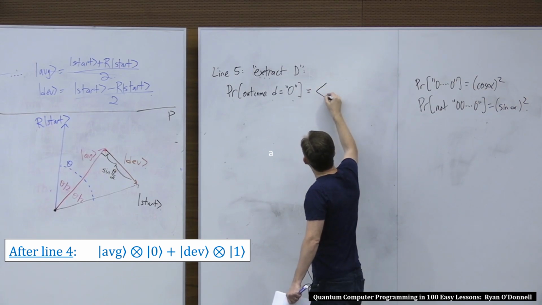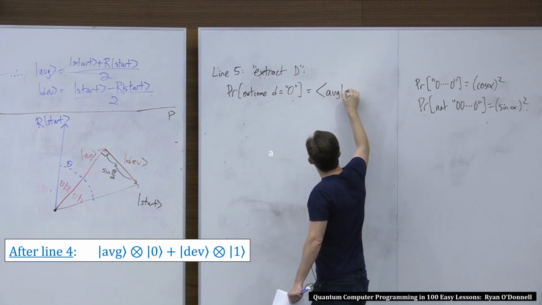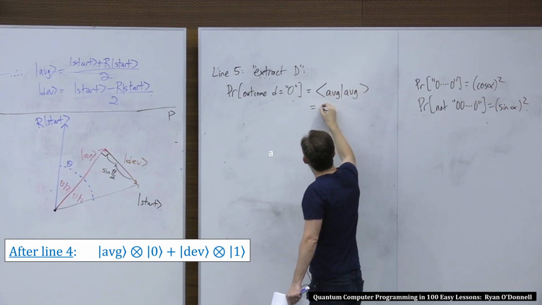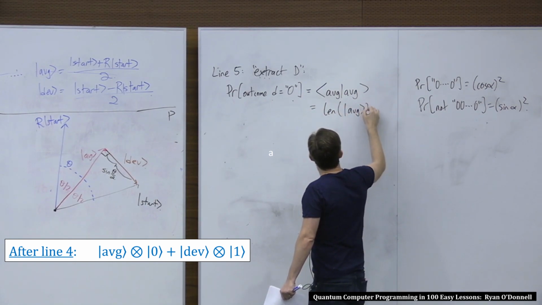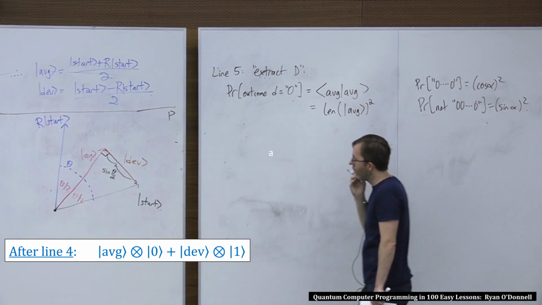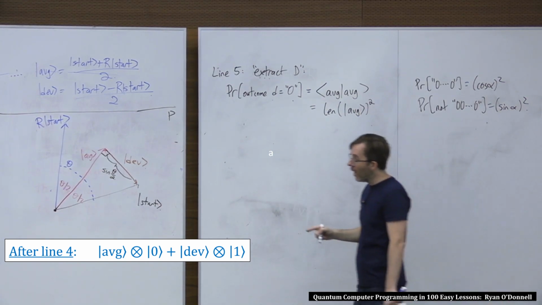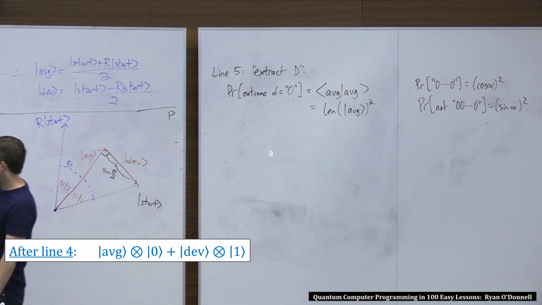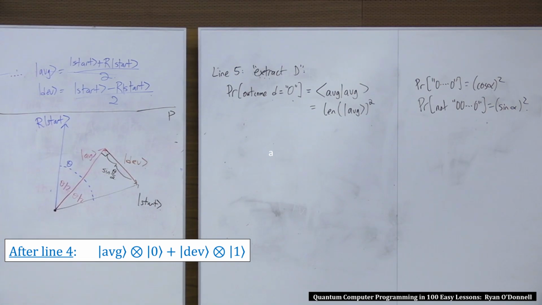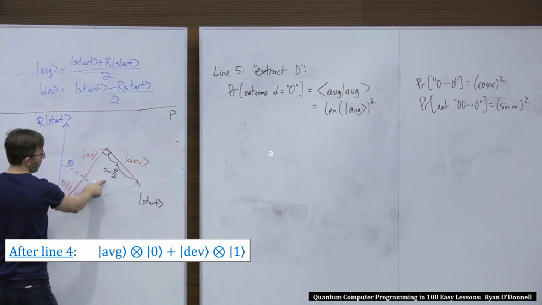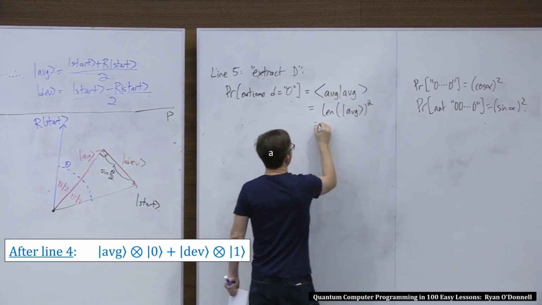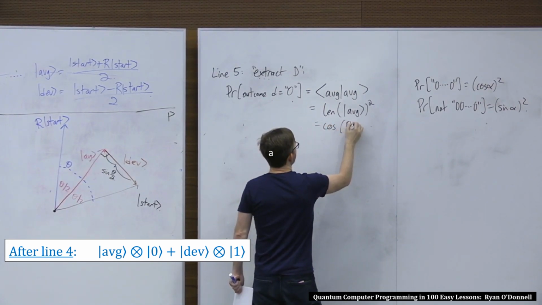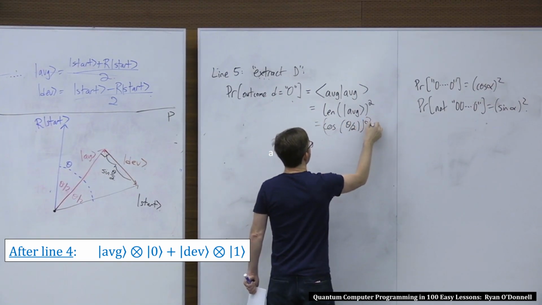So it's the dot product of average with itself, the length of this thing squared. We're not going to care about that much, because what we're really trying to show is this. But anyway, the length of average squared is cosine of theta over 2. So this is cosine theta over 2 squared.